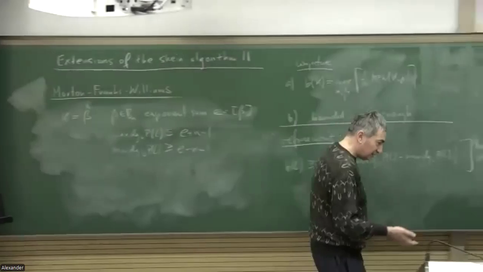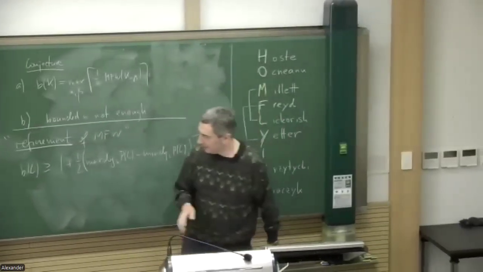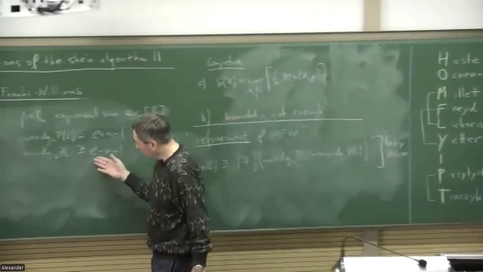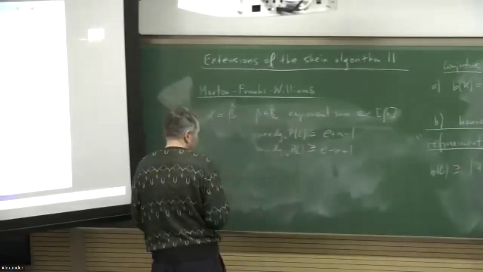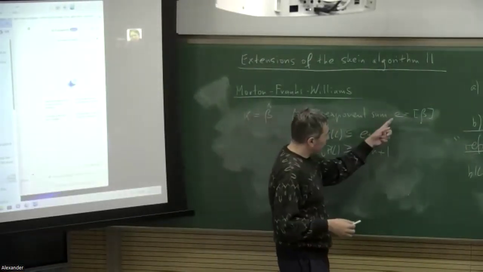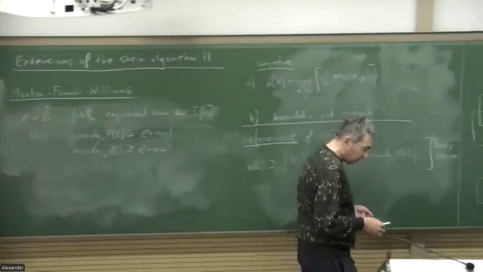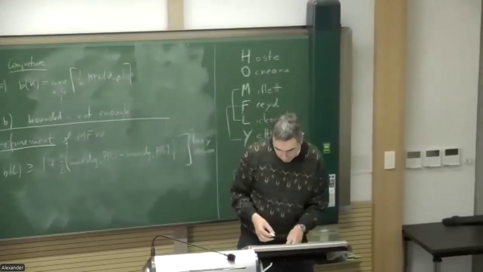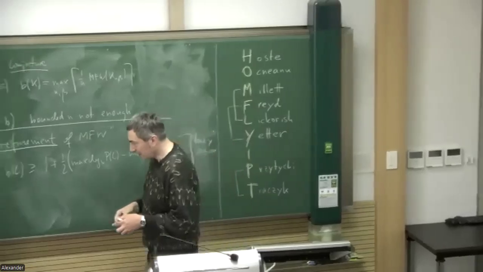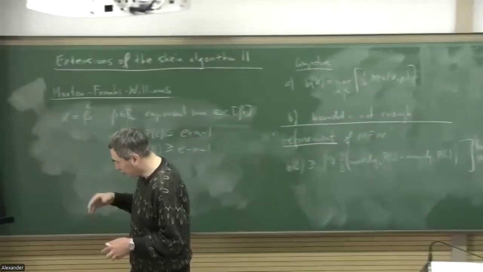And the reason that you can work with the exponent sum is that whenever you have the exponent sum of a braid, you can write down the exponent sum of the two cable of the braid.